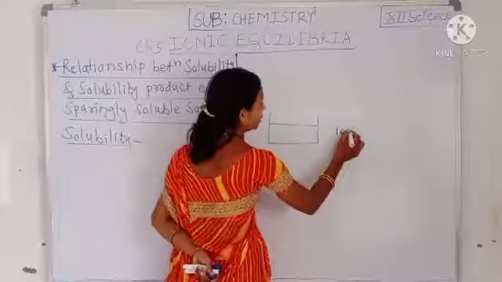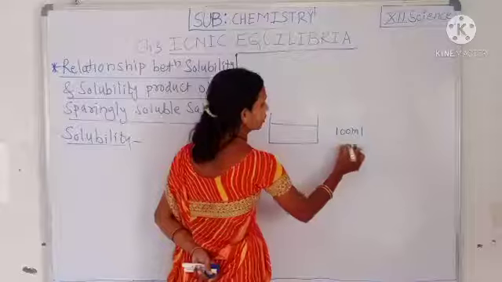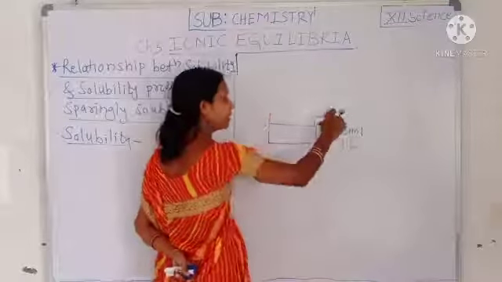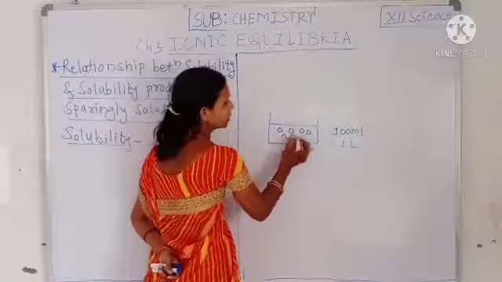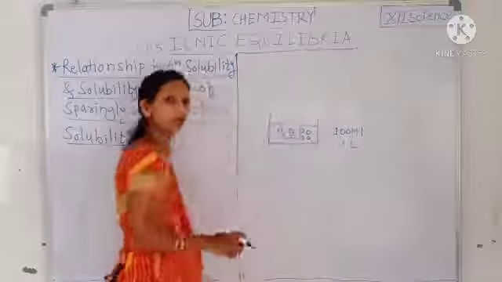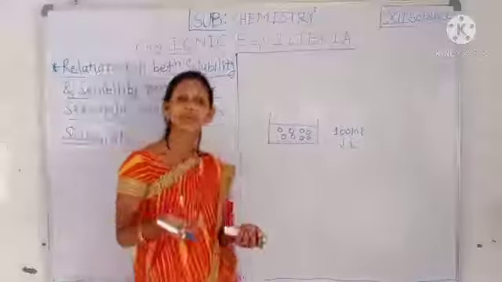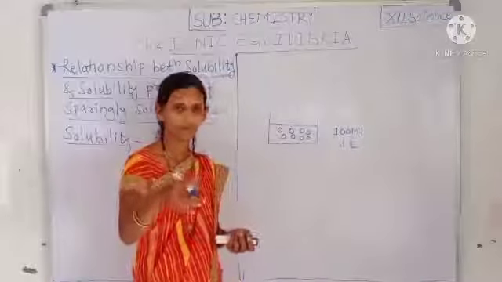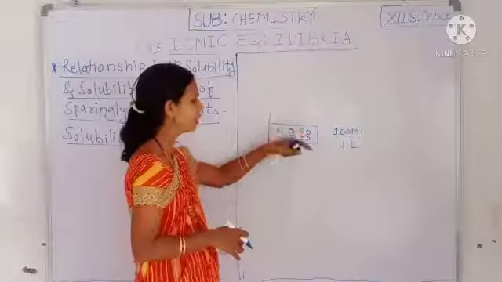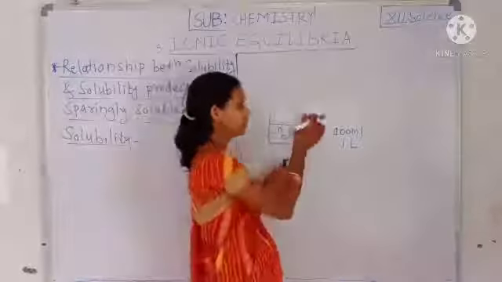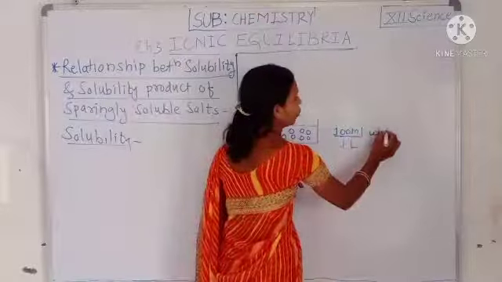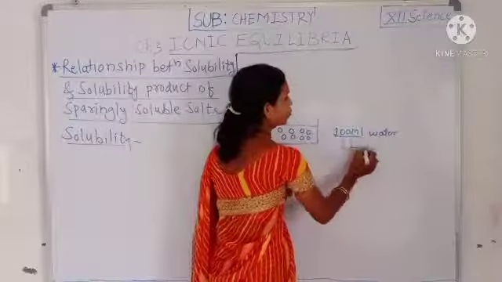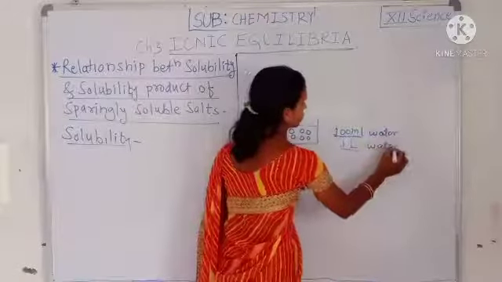It may be 100 ml or 1 liter. In 100 ml, the total number of moles of that substance, or the amount of that substance in grams, is measured as dissolved in 100 ml of water or 1 liter of water.